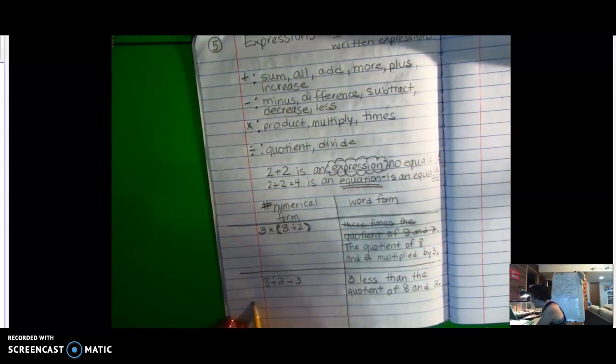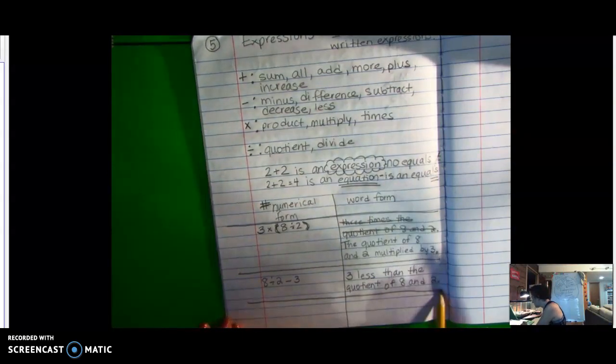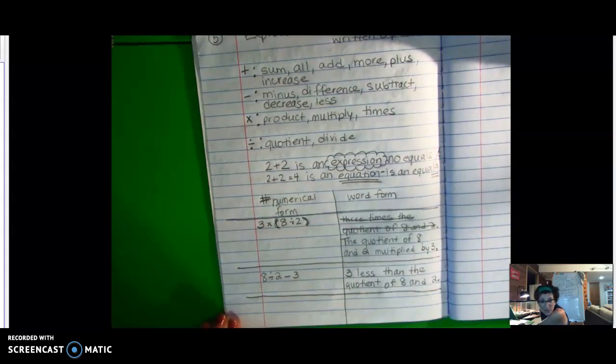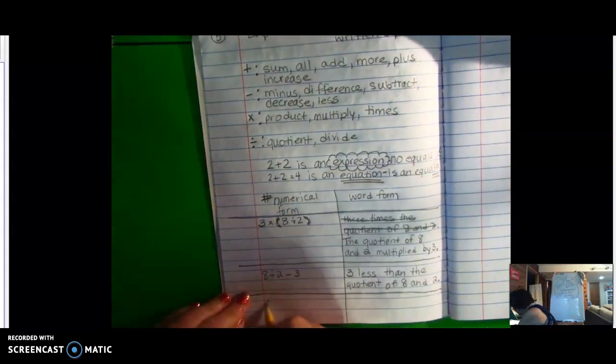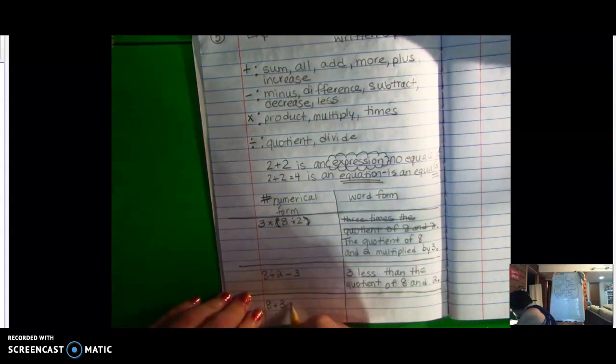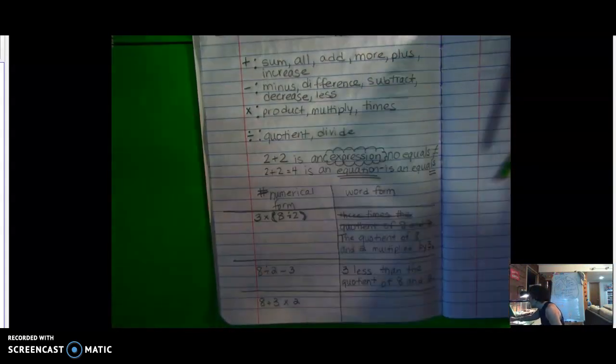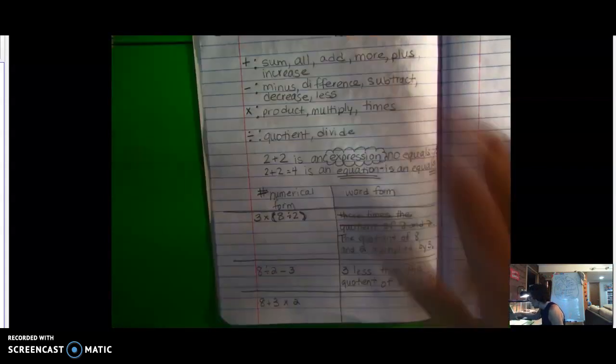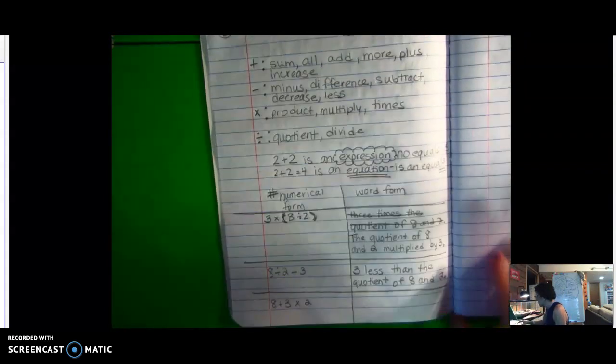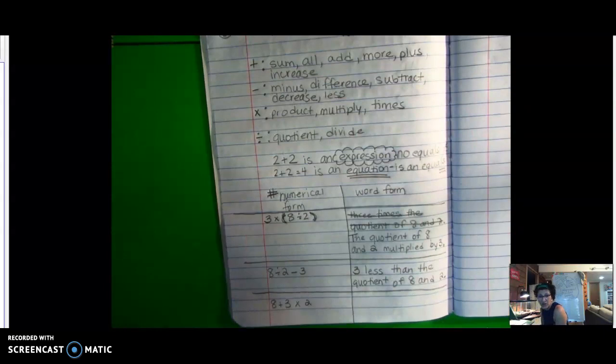What about, let's do another one. Let's do 8 plus 3 times 2. Well, the 8 and 3 come before the multiplication, but in PEMDAS, in order of operations, we have to make sure that we do the multiplication first.